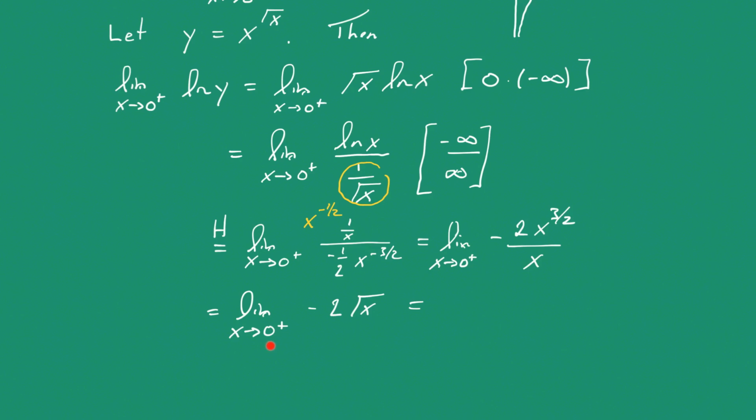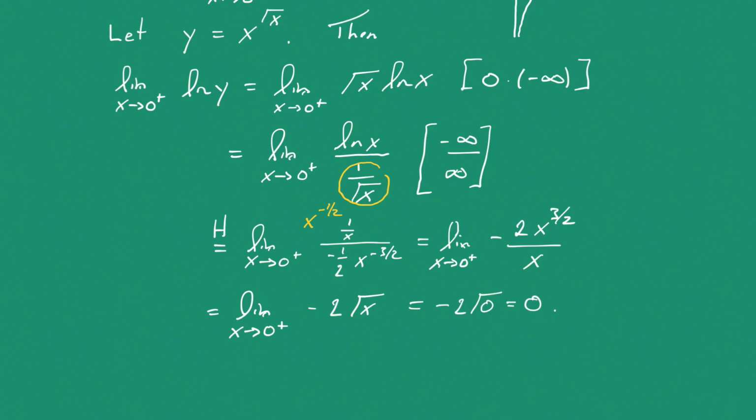The limit as x tends to 0 from the right, we can obtain this just by evaluating root x at 0. And we get minus 2 times root 0, if you like, which is 0. All right, so what do we know? We now know that the limit as x tends to 0 from the right of log y is equal to 0.